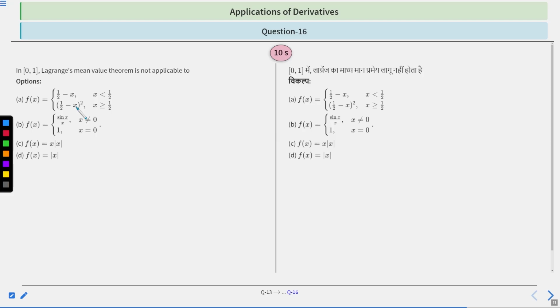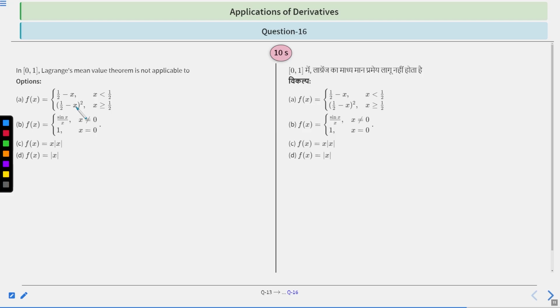What are the conditions of Lagrange's mean value theorem? The first condition is that the function should be continuous in [a, b]. The second is that the function should be differentiable in the open interval (a, b). The condition f(a) = f(b) is the condition of Rolle's theorem, not of the mean value theorem.